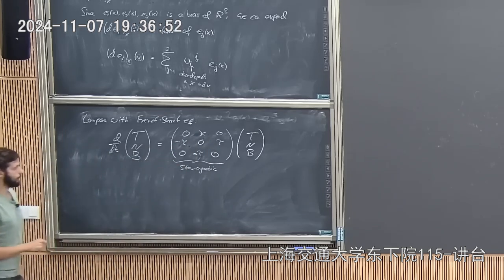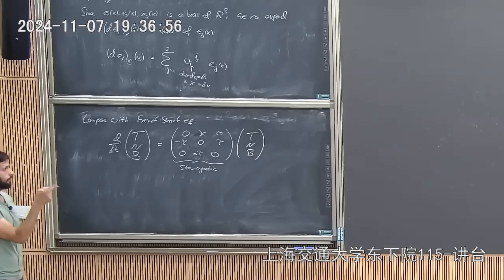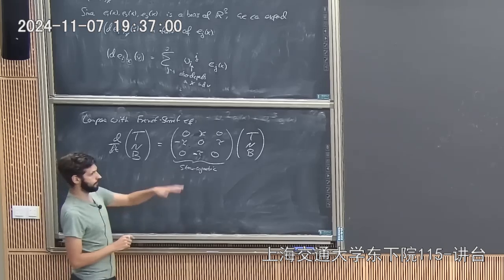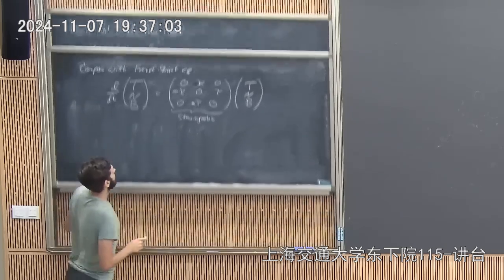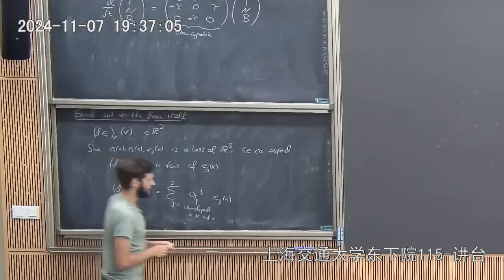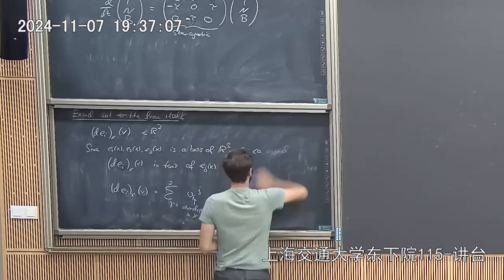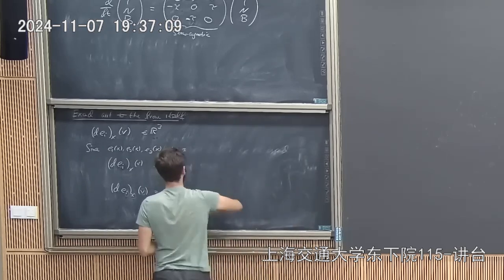So that's the first question: does this always hold for our omega ij's? And then there's a second difference, but I will discuss that in a second.